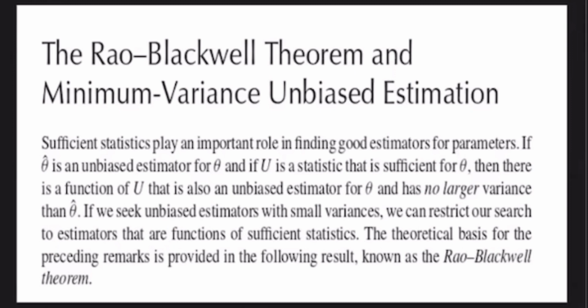Now, take a look at it. According to Rao-Blackwell, if theta cap is an unbiased estimator for theta, you already have your theta cap as your estimator. You now say if U is a statistic that is sufficient, the other time I was using T, it doesn't matter, I'm saying a sufficient statistic, and now I'm using U. If U is a statistic that is sufficient for theta, how will you know that?